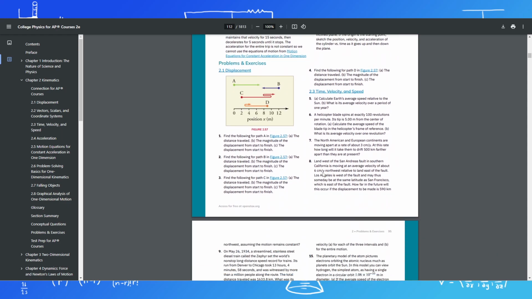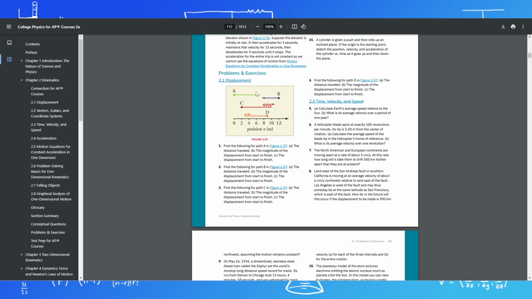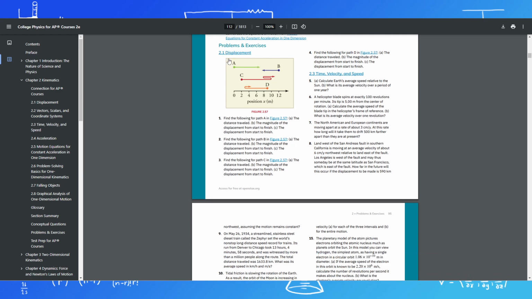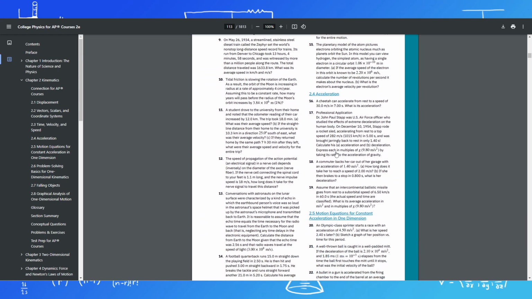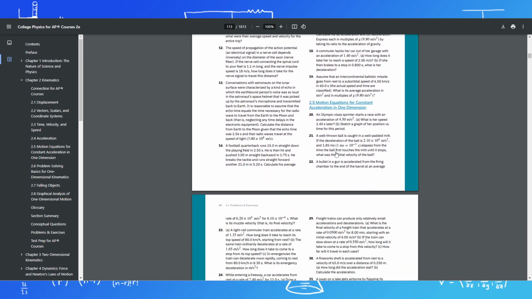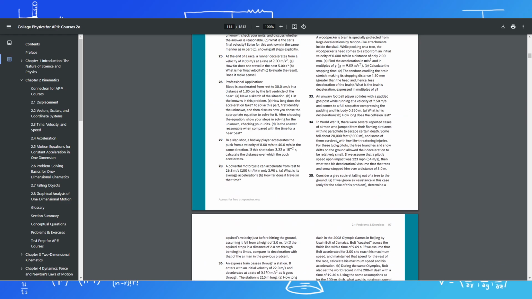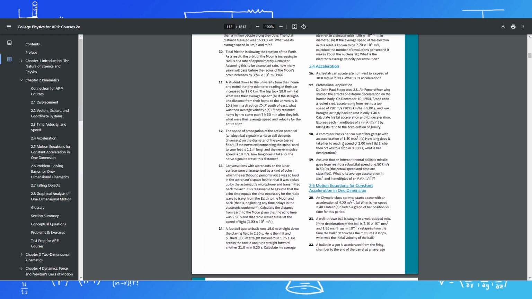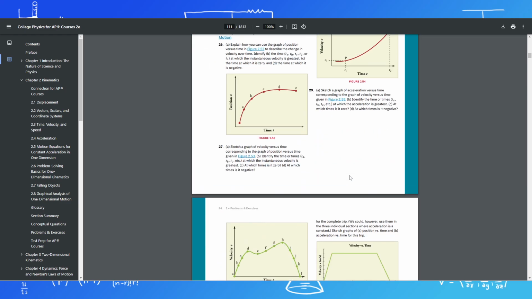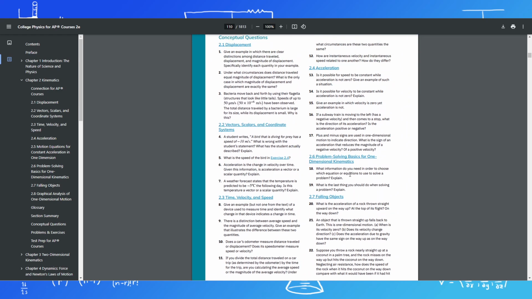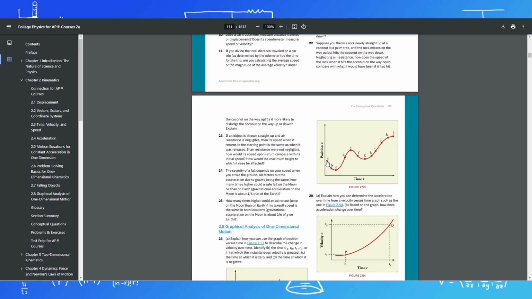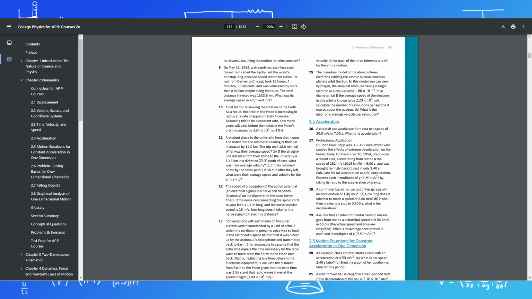If we scroll down over to the problems and exercises, same thing, anything in the list from 2.1 to just before 2.6. Wait a minute. Where is 2.6 on this? Did I misread the... Wait a minute. Oh, they skipped 2.5 here for some reason. Okay, so everything up to and including 2.4.